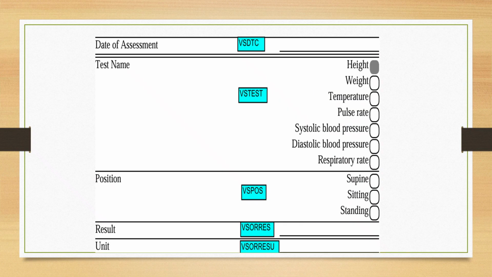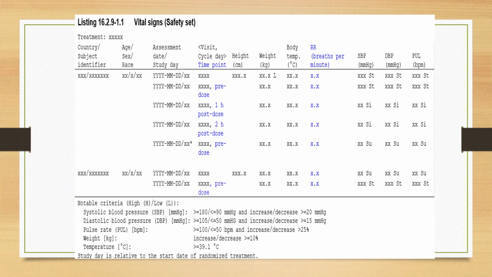And depending upon what unit we are capturing at the site level, it might impact our population of the height in centimeters in this listing output.